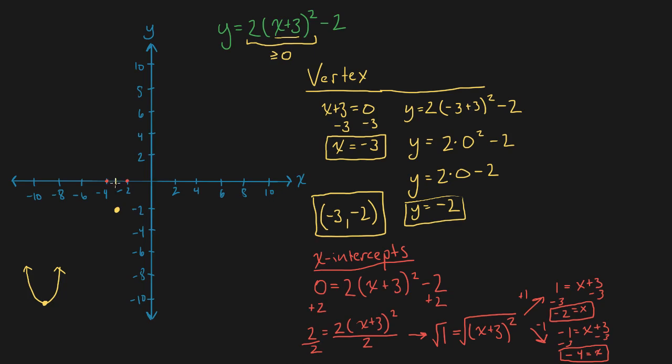Our vertex was at the x-value -3, and each of our intercepts is 1 step away, or a distance of 1 unit away from the x-value of our vertex. So we found our vertex, we found our x-intercepts. The last thing that we want to find is our y-intercept, and so I'll do that over here, our y-intercept.